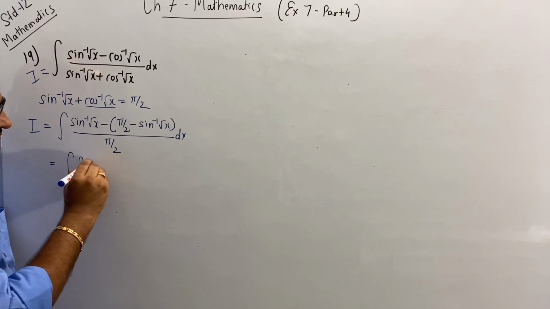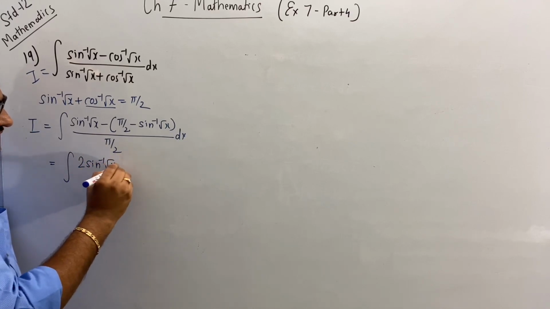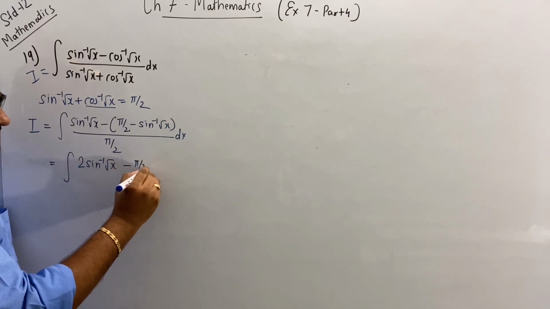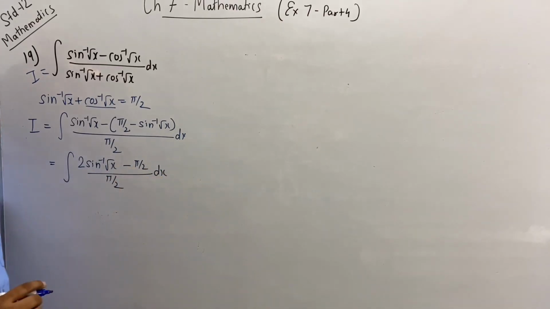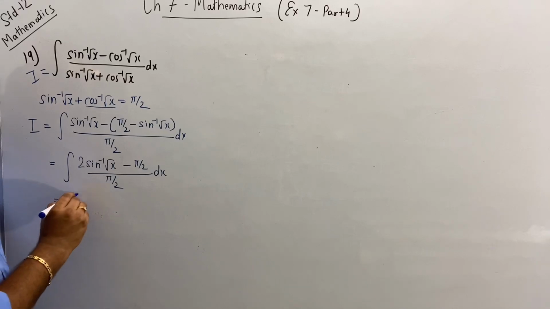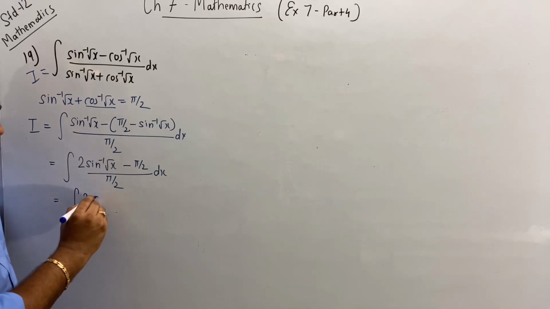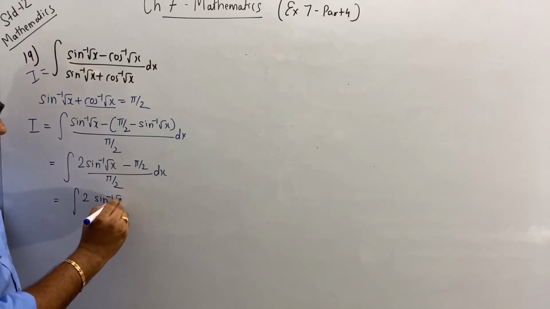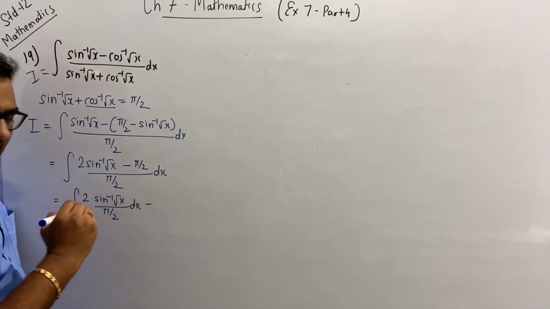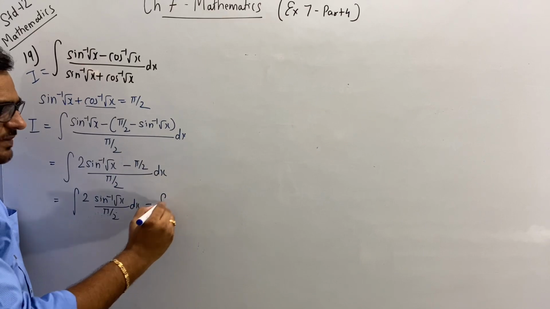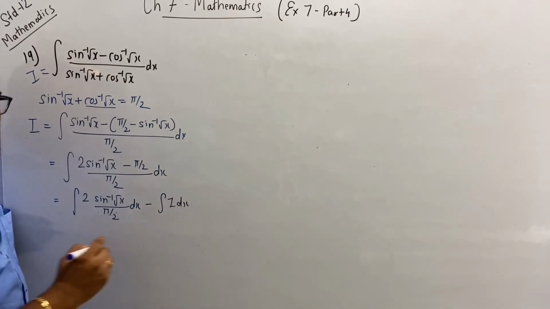So 2 sin inverse root x minus pi by 2 upon pi by 2 dx. So let's separate it. 2 sin inverse root x upon pi by 2 dx minus pi by 2 by pi by 2 into 1 dx.